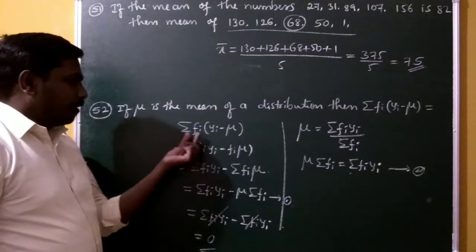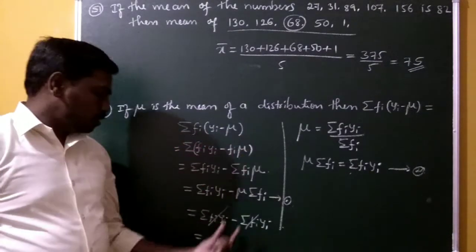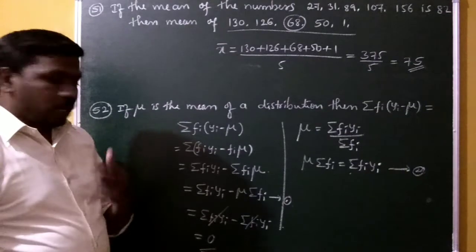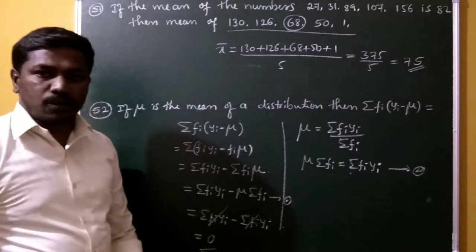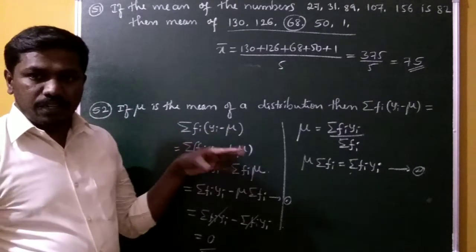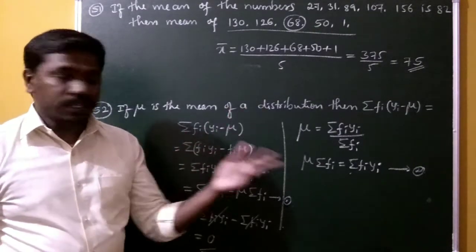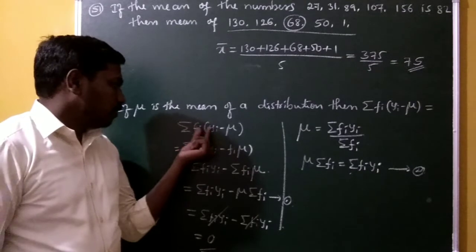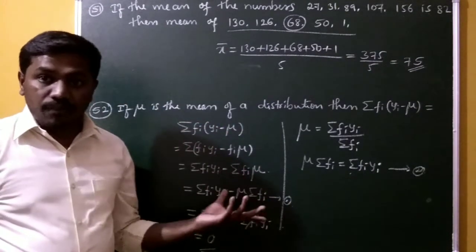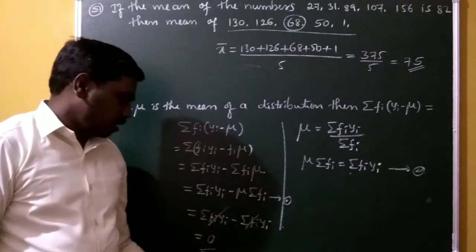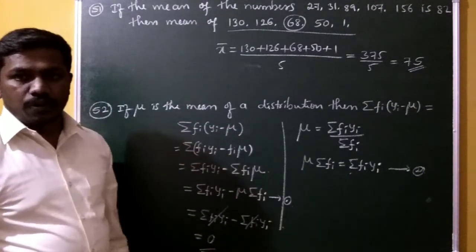Again, summation of fi into yi minus mu is 0. For this reason we take the modulus. As we see in mean deviation about median and mean deviation about mean, we calculate summation of fi into modulus of xi minus x bar divided by summation of fi. If we do not take the modulus, we get 0, okay?